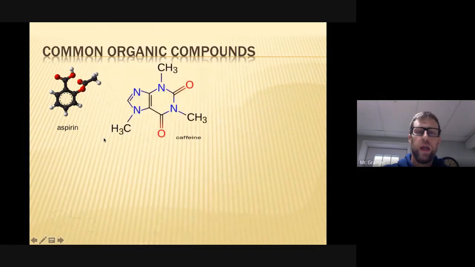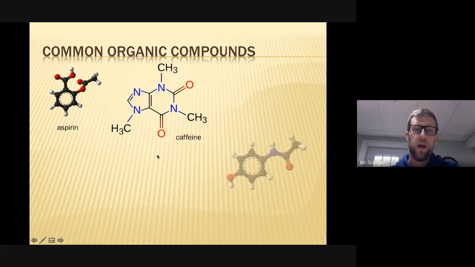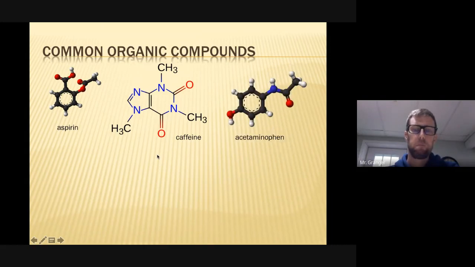And then caffeine, you can also see, is a molecule that a lot of you are probably familiar with, but its structure is also a ring type structure. We've got a 6-sided ring with some nitrogen atoms, and then over here we've got a 5-sided ring with some nitrogen atoms as part of that 5-sided ring.